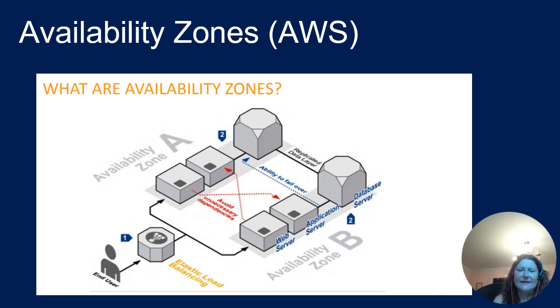In this diagram, you would have your web server, application server and database server all in one availability zone, but also duplicated in the other one, with a load balancer at the front to balance between the two. Of course, if one is down, then the other one gets 100% of the traffic. So that's a recommended architecture for AWS availability zones.